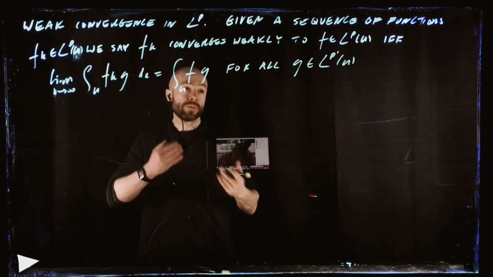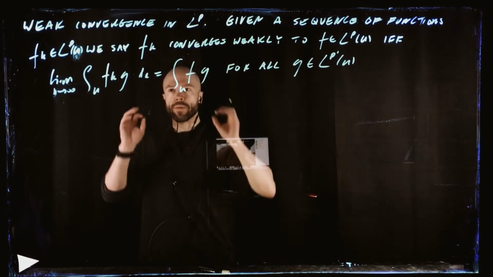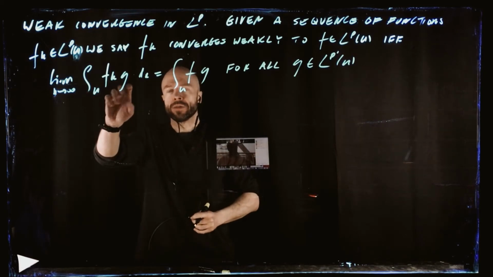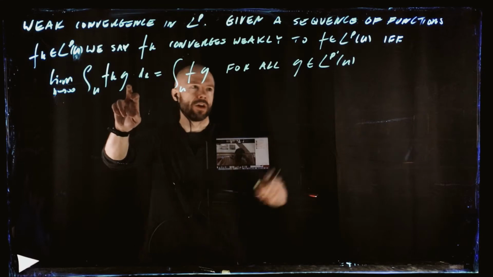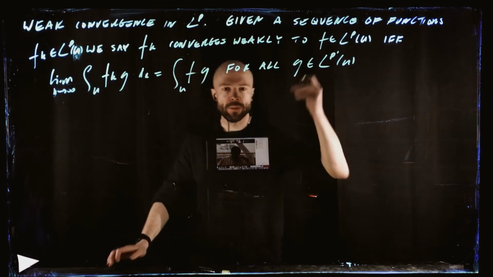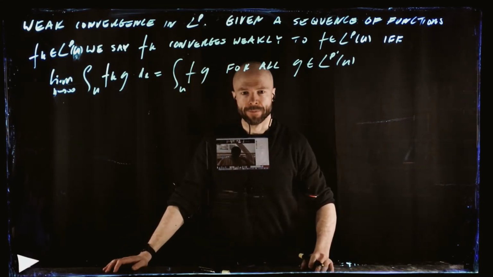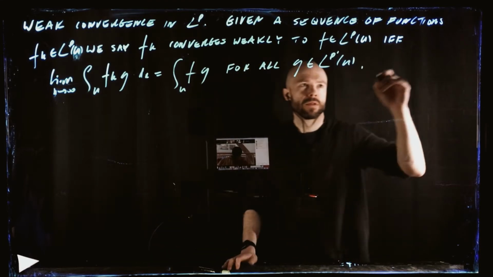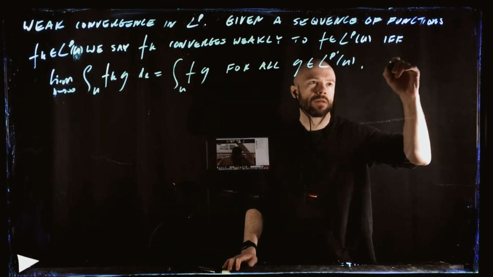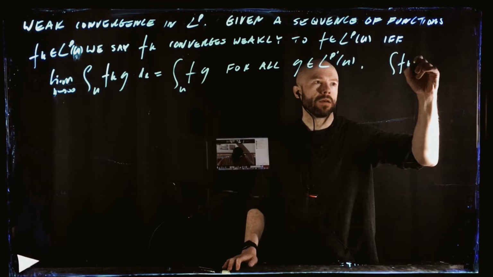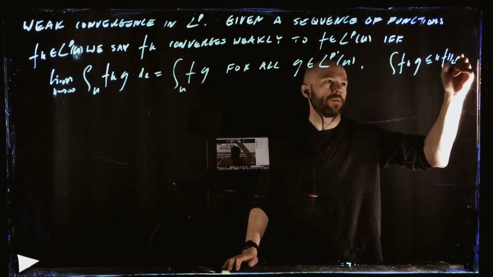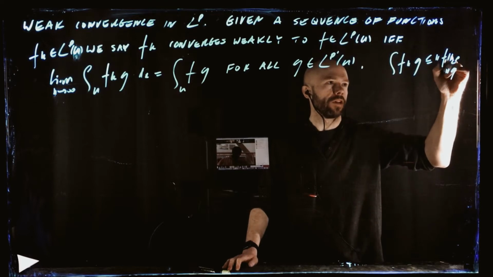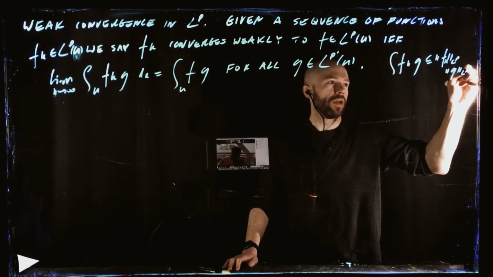So by Hölder, the largest class of functions we can test our f_k with are functions in L^p', right? Because we have that the integral of f_k g is less than the L^p norm of f_k times the L^p' norm of g.